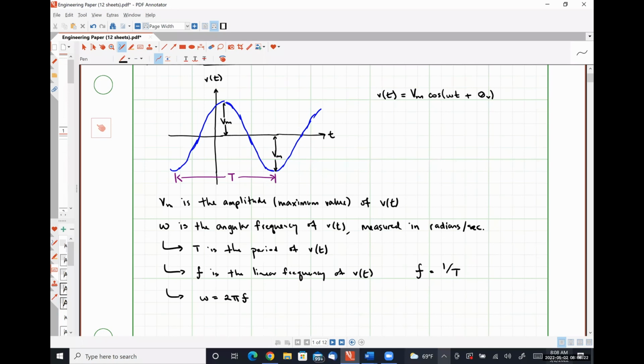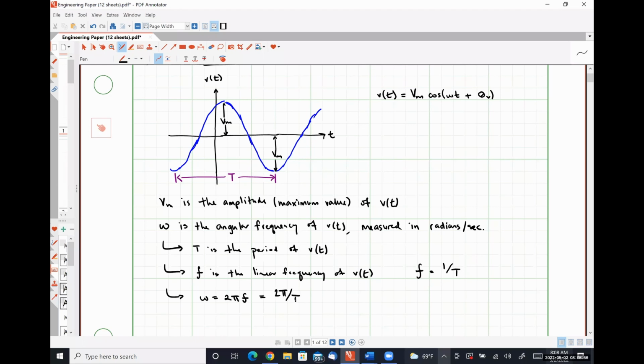Or alternatively, we could write this as 2 pi over the period. And so now that we've developed these relationships, we can easily see what effect the shape of the graph will have on omega, right? So if the peaks are scrunched together, we have a large omega. If the peaks are spread out, we have a small omega.